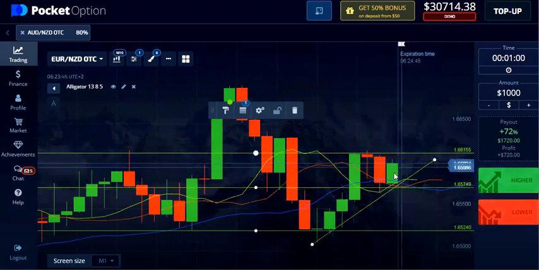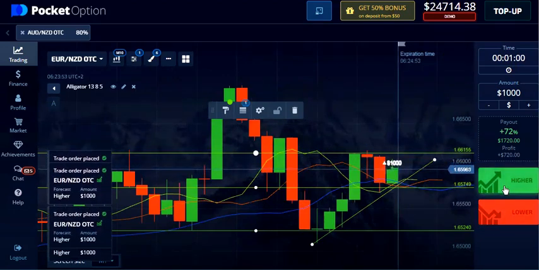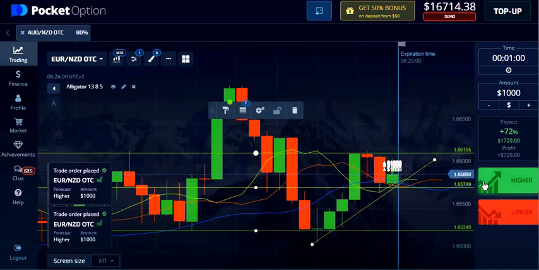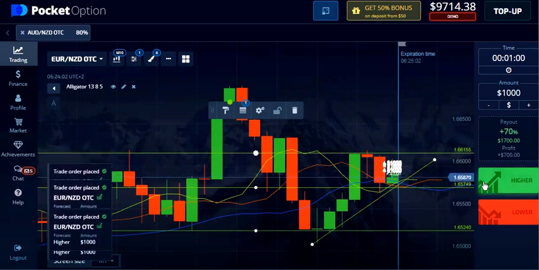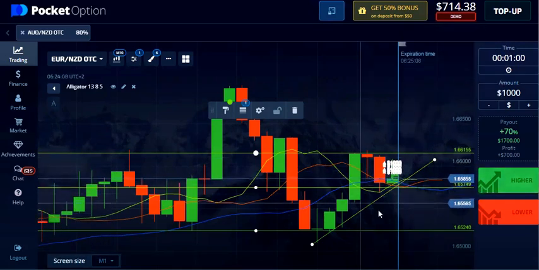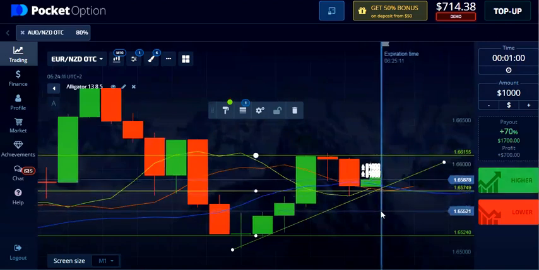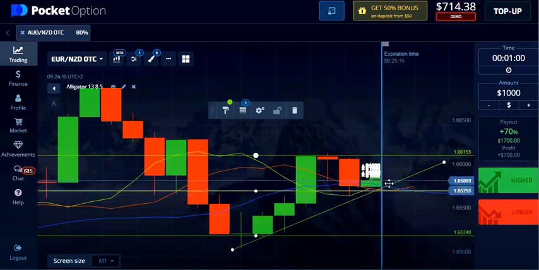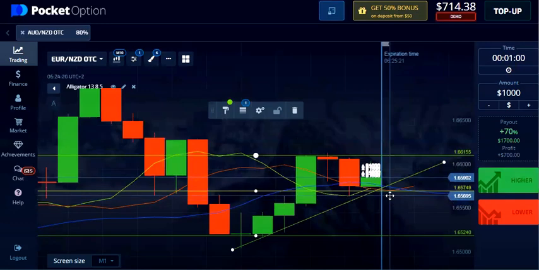But whenever this comes down, you just have to take a higher number of trades because it won't go down. And you see this resistance.